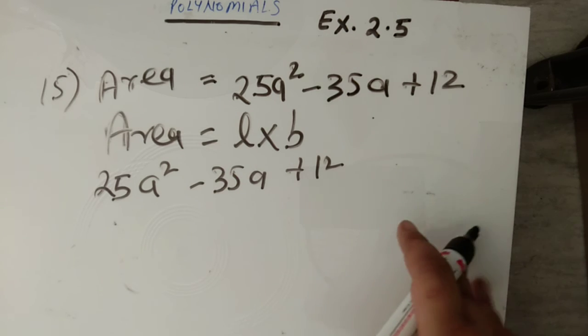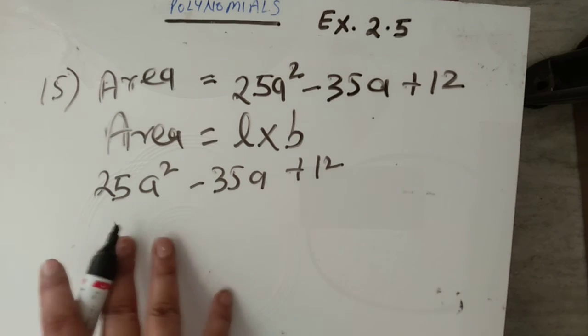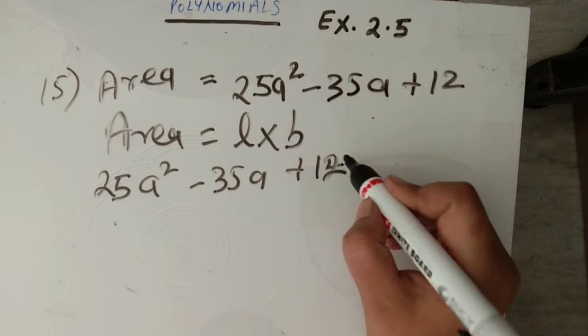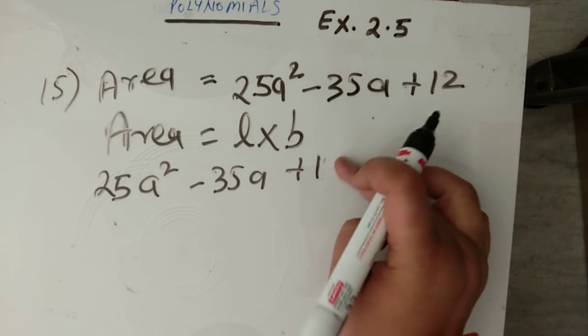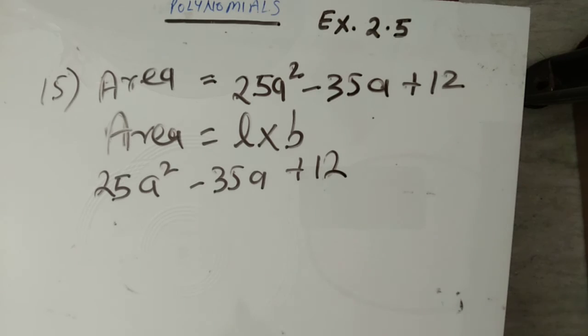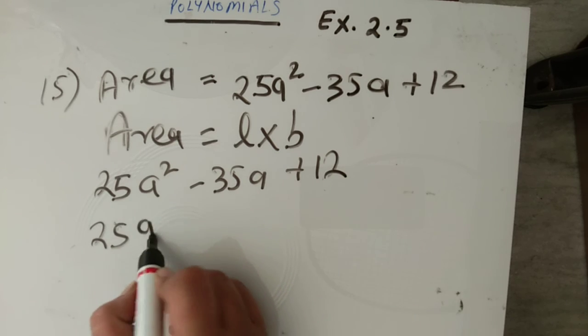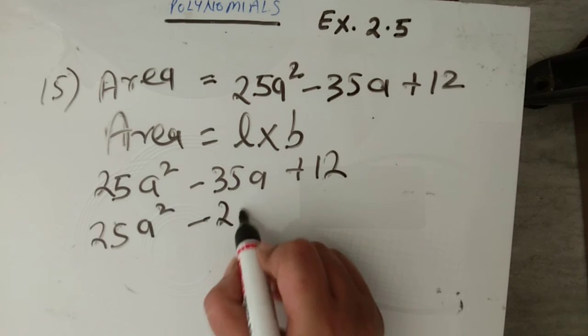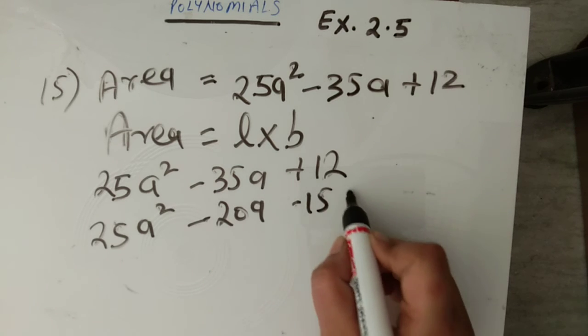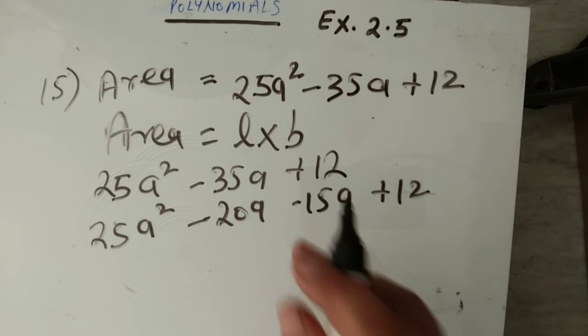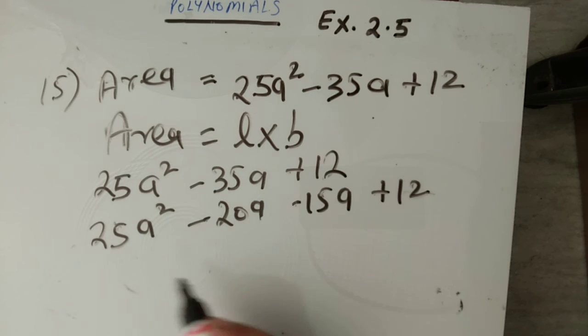So when we find out its factors, 25 times 12 is 300. For 300 we have to find out the factors. So for 300 the factors are, it will be 25a square minus 20a minus 15a plus 12, as we have studied in class 8, same factors.